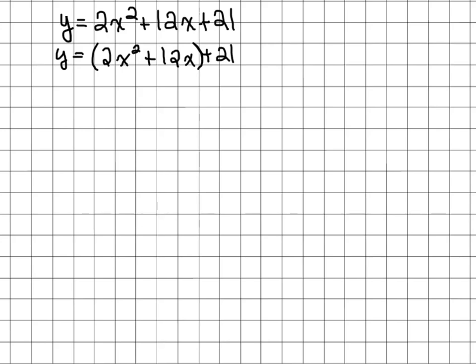And so what we're going to do is common factor out the 2 from these 2 terms, because why would we do something twice that's identical? We would only do it once because that would be more efficient. So I'm common factoring out the 2 from the x squared and the x term.